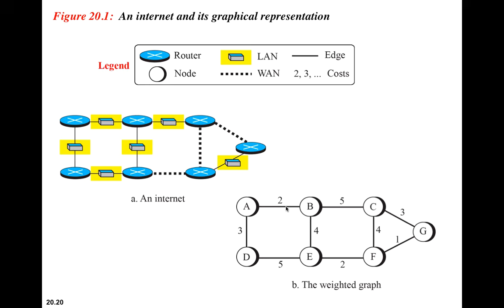And here we have the cost written next to every edge. So the cost of going from A to B is 2. Cost of going from A to D is 3. The cost of going from A to C through B would be 7. So this is how we represent the internet.